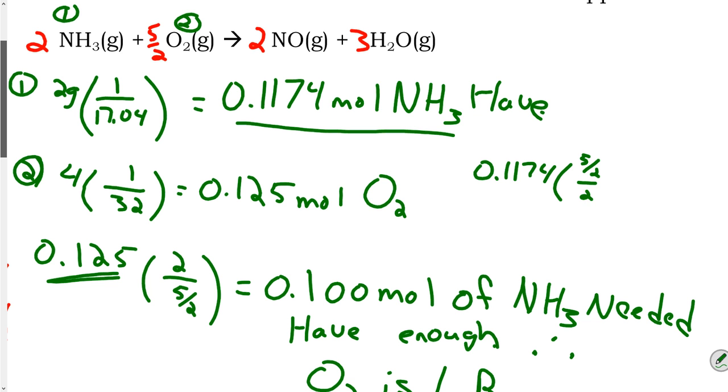That number is 0.147. That number there is bigger than this, isn't it? I don't have enough oxygen. So oxygen's going to run out first. That's my limiting reagent. You understand?